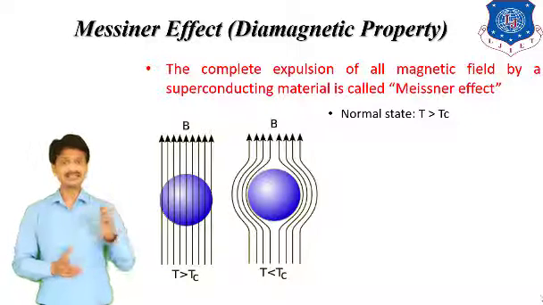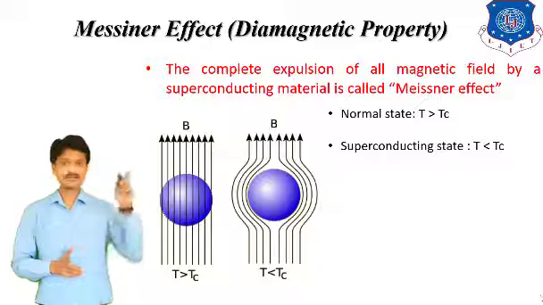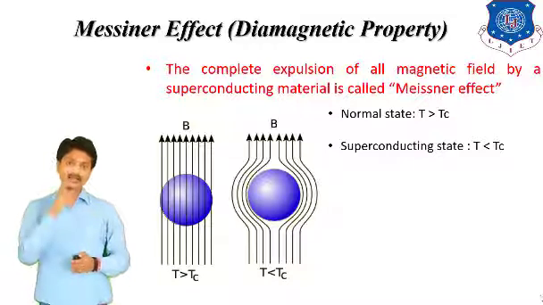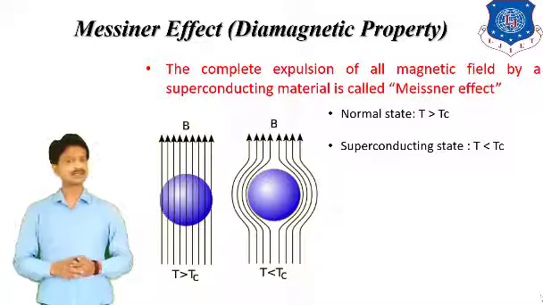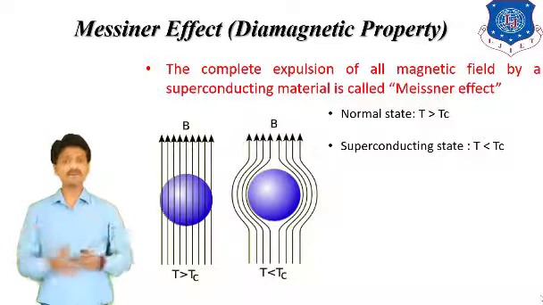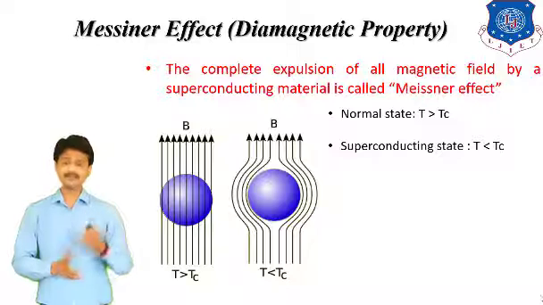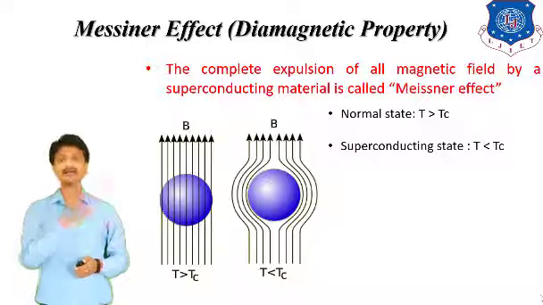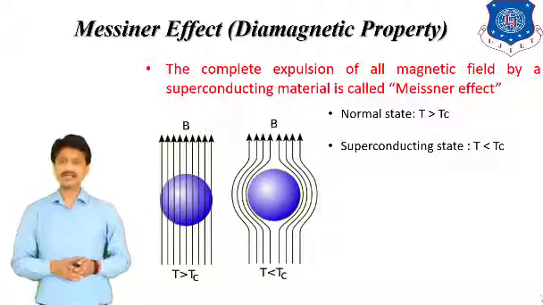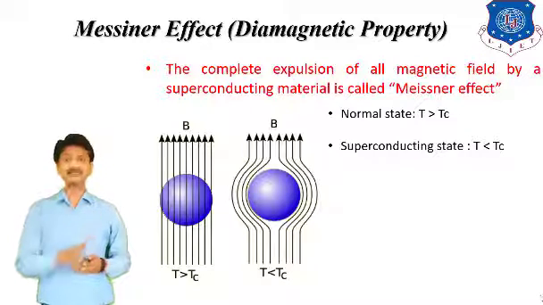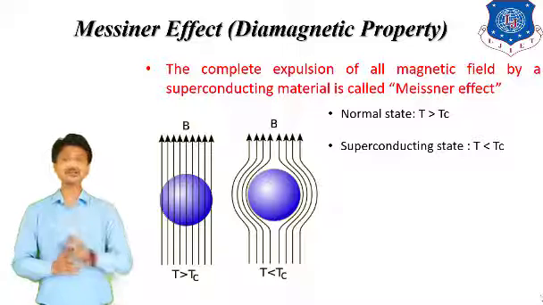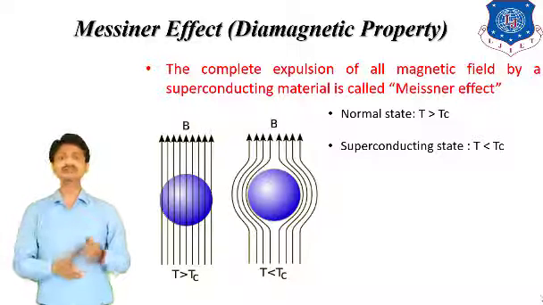Now let's discuss the second case. You can see in the figure, that is the superconductivity state. It is obvious that in the superconductivity state the temperature is less than the critical temperature and the magnetic field is less than the critical magnetic field. We know that the critical magnetic field is the minimum magnetic field required to destroy the superconductive state.